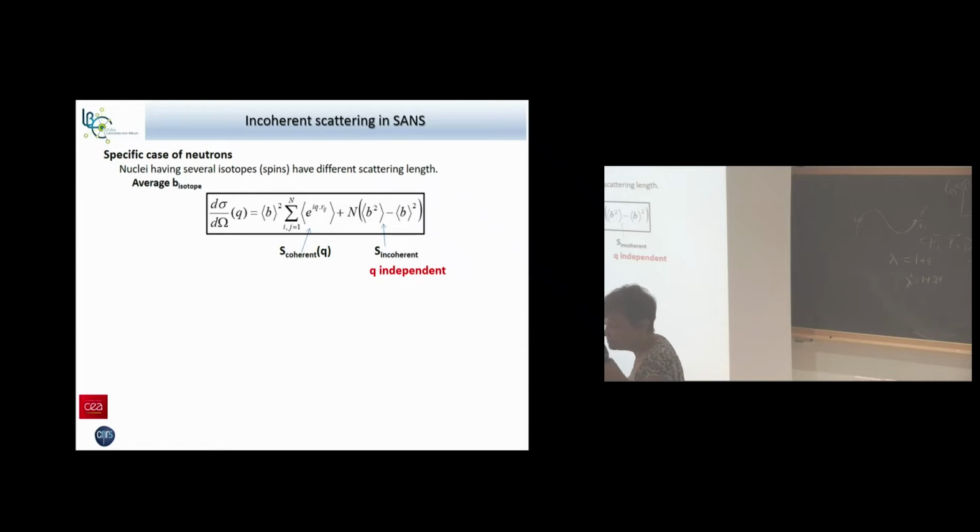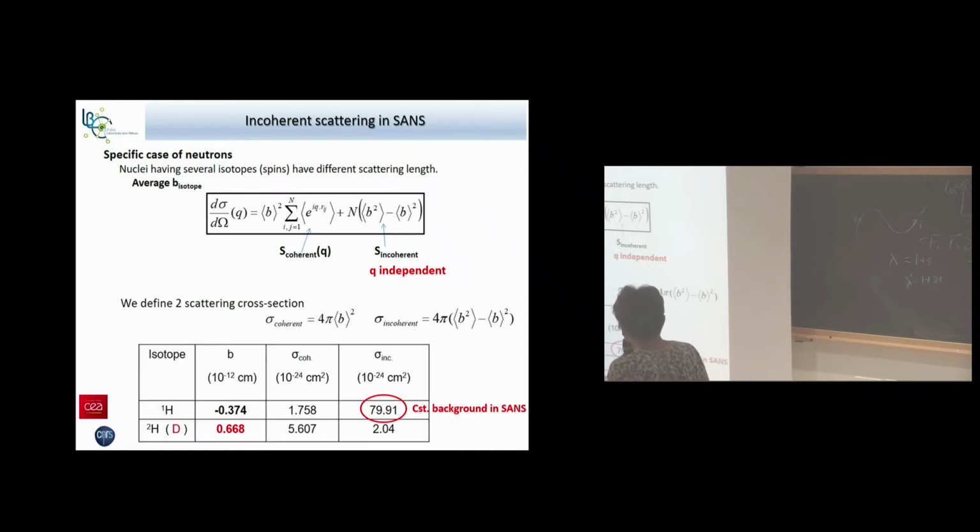In the incoherent signal, there is no specific order, so we will get rid of it by a simple subtraction. But it is a signal that is present, and this signal is mainly due to hydrogen.